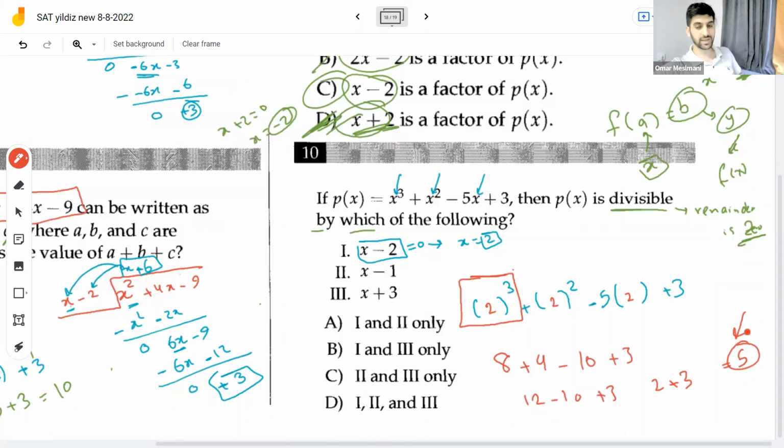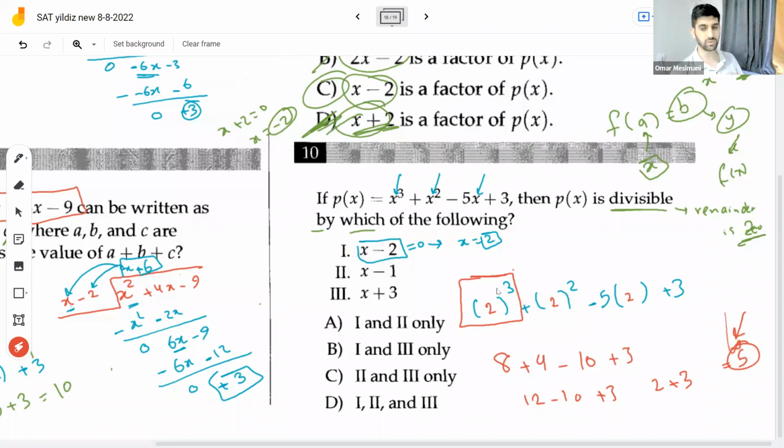Listen carefully, if you divide bx by x minus 2, the remainder is going to be 5. If you have free time, try to take this and divide it using long division by that. The remainder has to be 5. So the remainder is not 0.